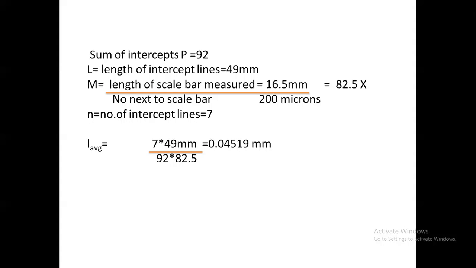After getting the L average, we find the ASTM G number by the relation given before: G equals minus 6.645 log of L average minus 3.298. Substituting the L average value as 0.0459 mm, we get G as 5.63, which is approximately equal to 5.5 in the standard ASTM tables.